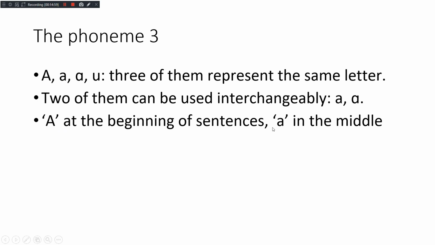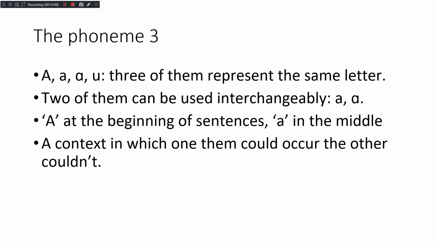But we always find the small letter a in the middle of sentences. They're never used in the same place. A context in which one of them could occur, the other could not ever occur.